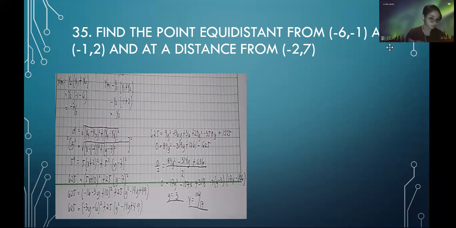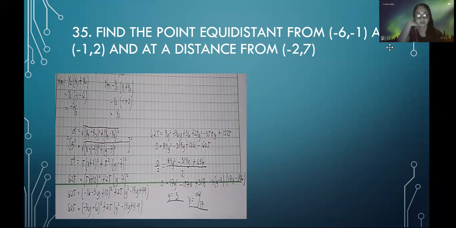So 5 raised to 4, then multiply both sides by 2. So 5 raised to 4 is equal to 5 times the quantity x plus 2 squared, then 5 squared times y minus 7 squared. So 5 raised to 4 is equal to 625, equal to 5x plus 10 squared plus 25 times the quantity y minus 7 squared.